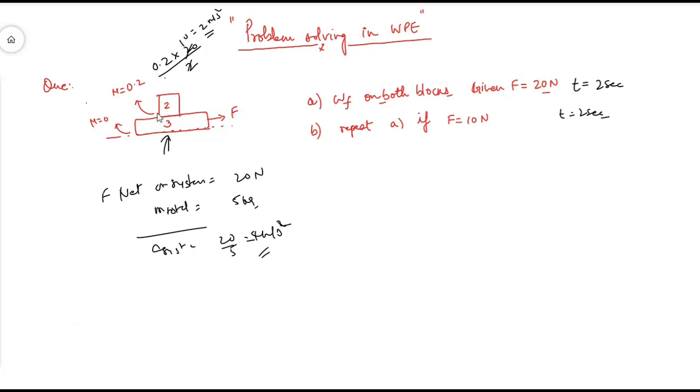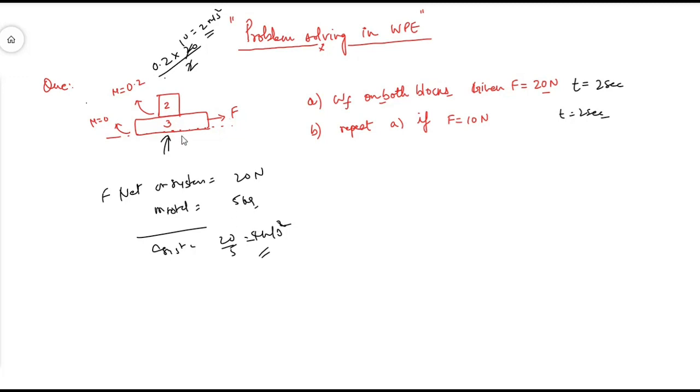But here's the trick: the maximum acceleration that this 2 kg block can have is 2 meter per second square, corresponding to the maximum friction. So 0.2 into N, the maximum friction, divided by 2, becomes 0.2 into 10, 2 meter per second square. This 2 kg block can have a maximum acceleration of 2 meter per second square, and I want it to move with an acceleration of 4 meter per second square, and that's not possible.